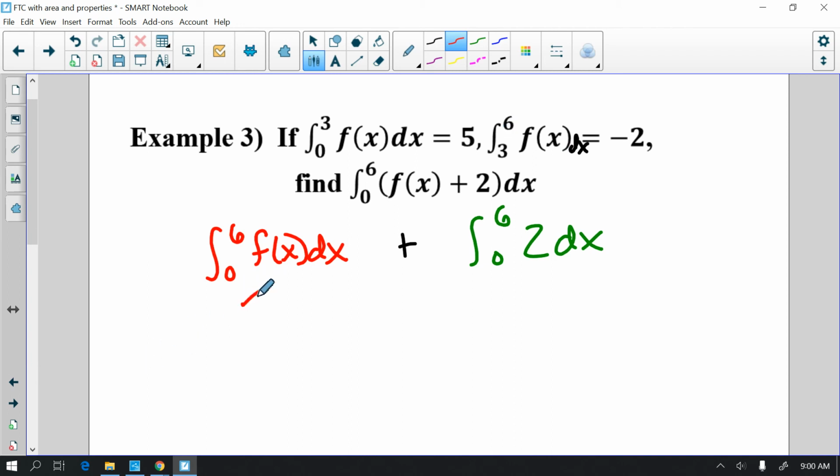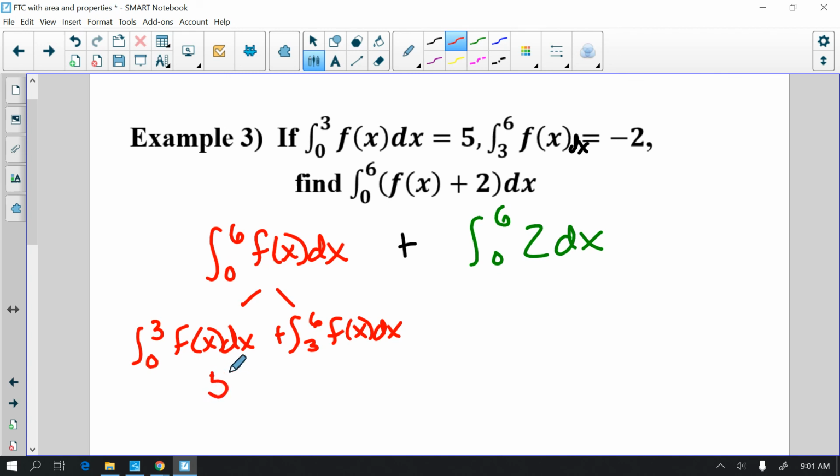So again, this can be one of our other properties. I can take what happens from 0 to 3 of f of x and add on what happens from 3 to 6 of f of x. Because if I add those together, altogether that's going to give me 0 to 6. So that's just the same thing as 5 plus -2, and that's going to give me 3.